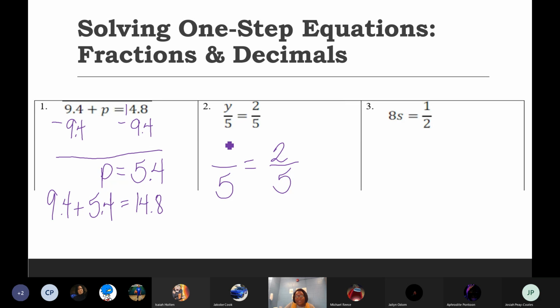What number has to go here in order for this fraction to be equal to 2/5? Don't think about it too hard. It's not a trick question. What number has to go here in order to be equal to 2/5? 2. So y is 2.